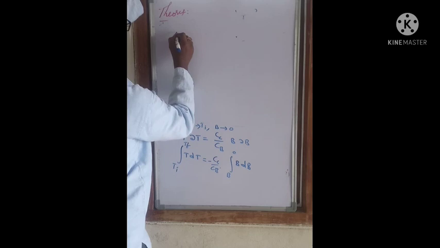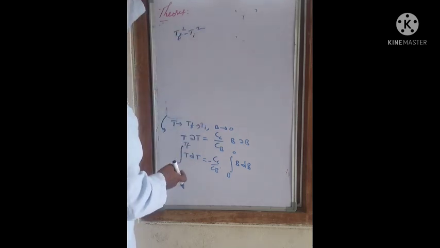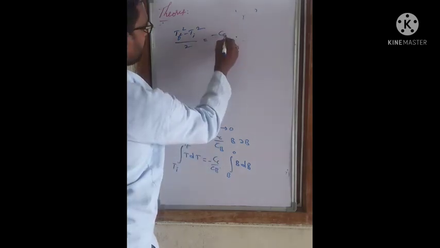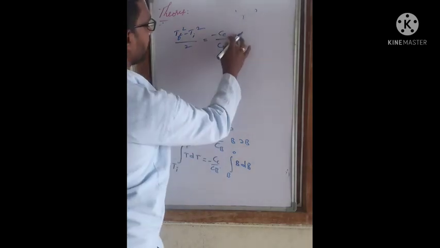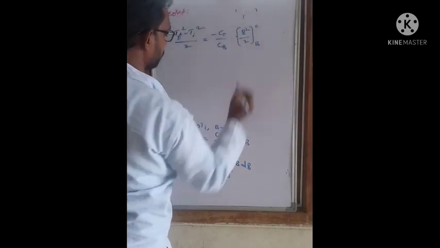Now integrating that equation, let us see what we get there. This can be Tf square minus Ti square. You know that the integration of T is T square by 2, that equal to minus Cc by Cb. Here also we get B square by 2, and the limits go from B to 0.